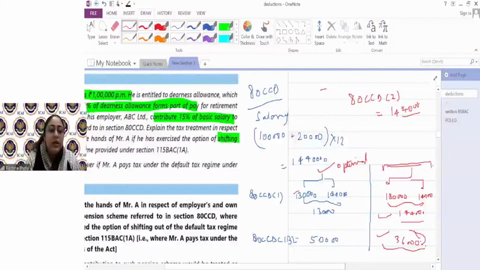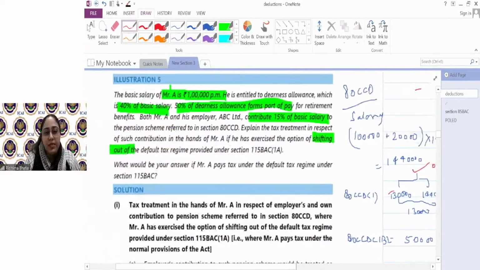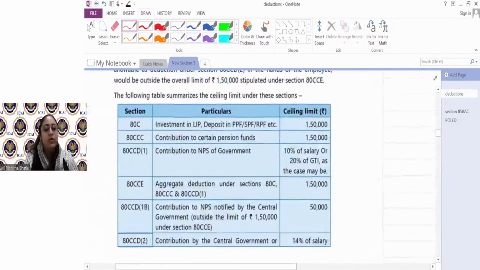Guys, कोई doubt under NPS? एक बारी quickly go through it. कहीं पे भी कोई confusion है, I'll explain. I've given the summary also. Just take a deep breath and do the illustration if there is any doubt.